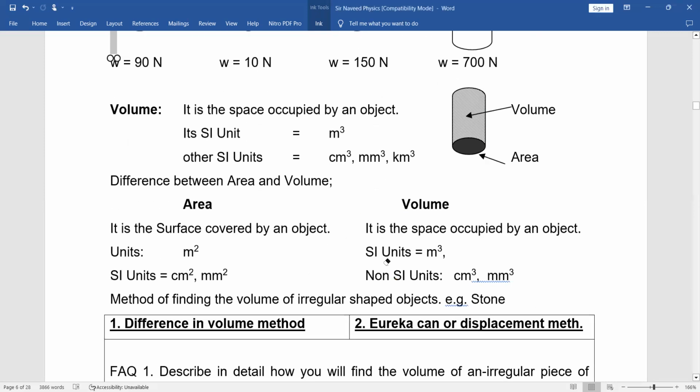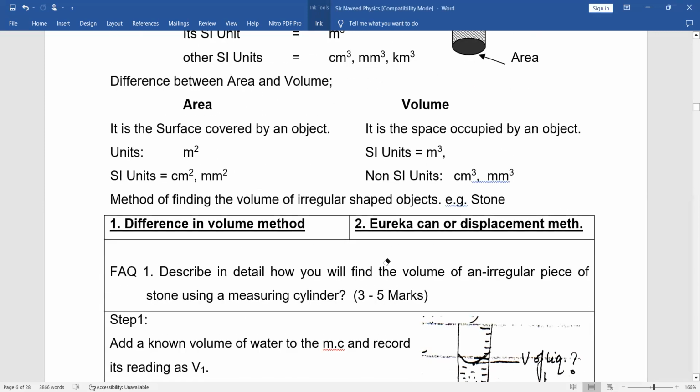Area is the surface covered by an object, and volume is the space occupied by an object. The unit is meter square for area, and the SI unit for volume is meter cube. That is the basic difference.